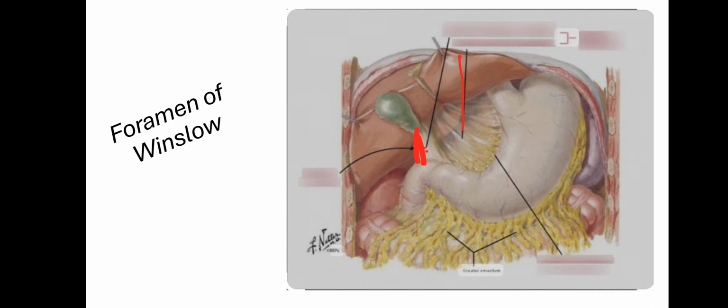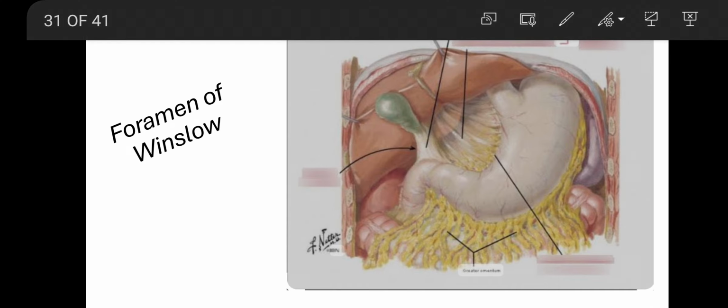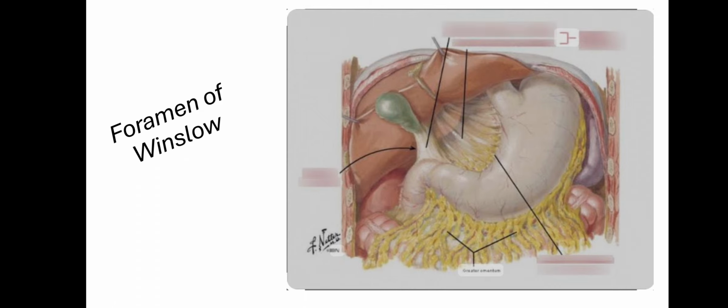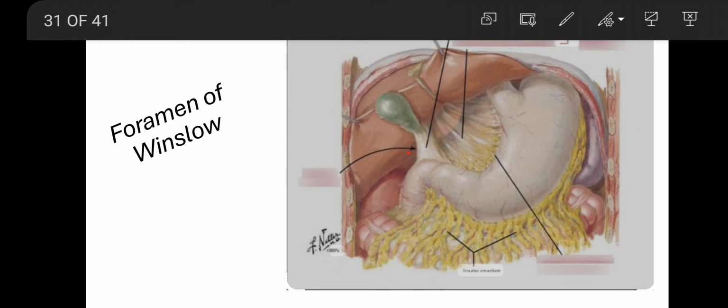Imagine as if you are standing near the free border of the lesser omentum and you just look over. Here you can see a pit, like that of the Guna cave pit.